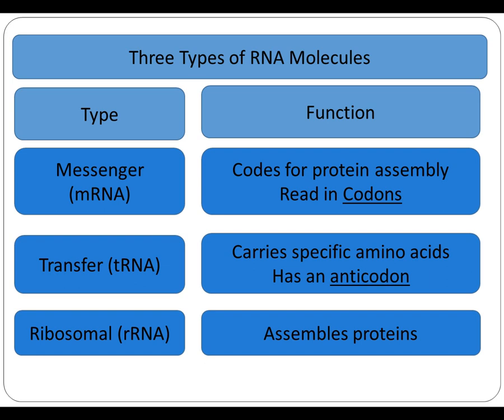So the takeaway at this point is that the transfer RNA has two areas. One is called the what? It binds to the message. What's the name of the transfer RNA area that binds to the messenger RNA? The anticodon. Okay.